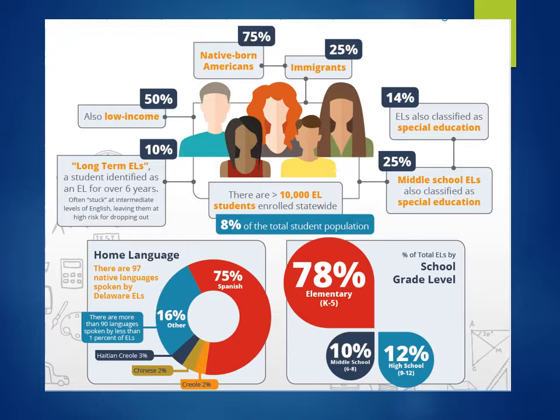We have as little as 3% in some school districts and as much as 17 or 18% in other school districts. But once again, this data is only looking at English language learners who are currently receiving services. If you take a look at the square down here to the right, you can see 78% of those students are in elementary school, and only 10% and 12% are in high school.